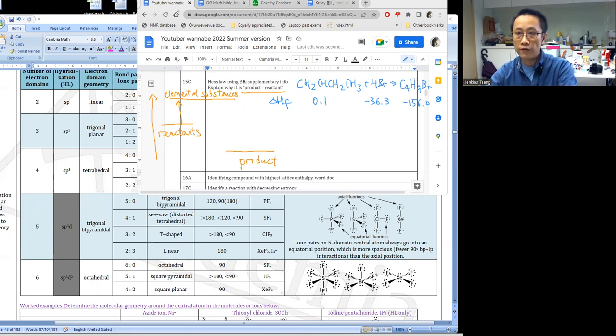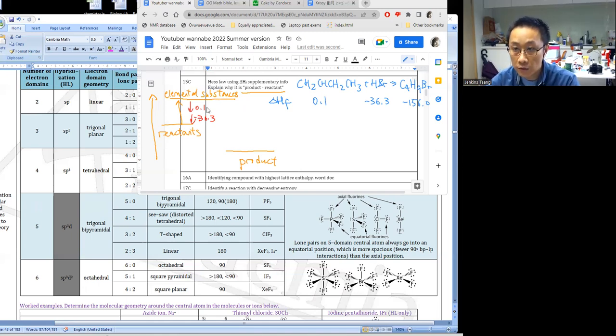And then according to the definition of delta HF, the 0.1 kilojoules per mole and the negative 36.3 kilojoules per mole are the energy changes when you convert carbon and hydrogen and bromine into the reactant molecules, respectively.